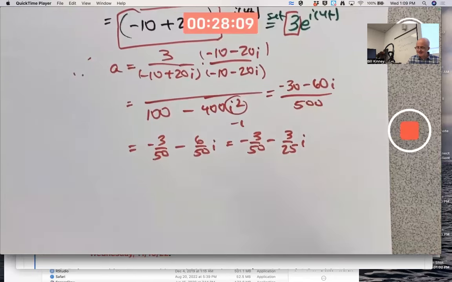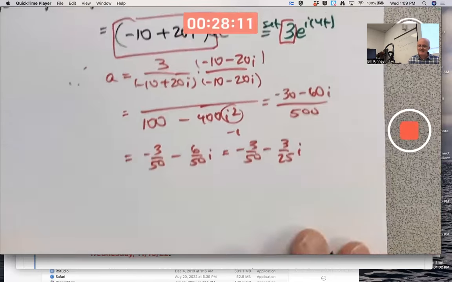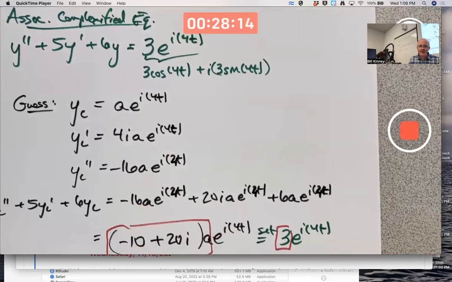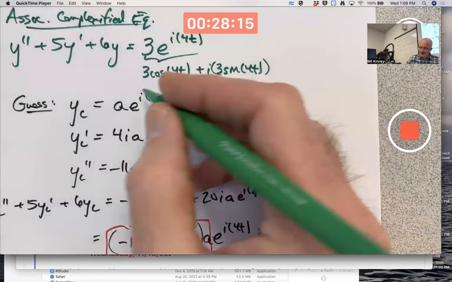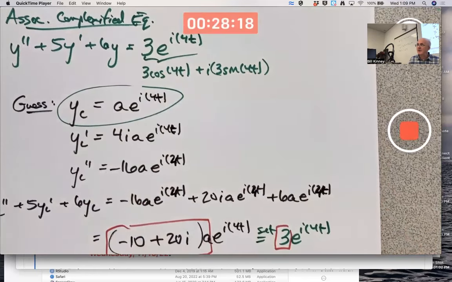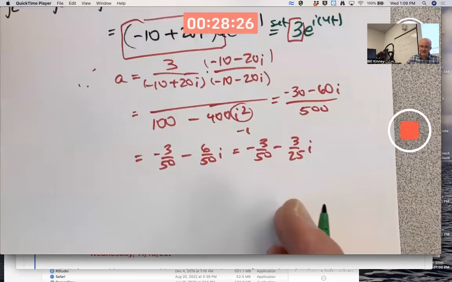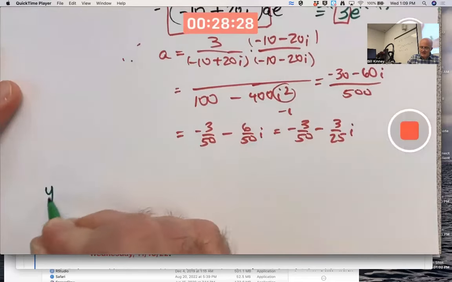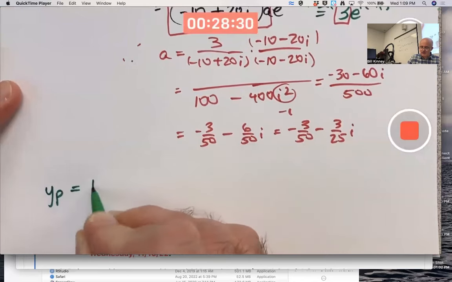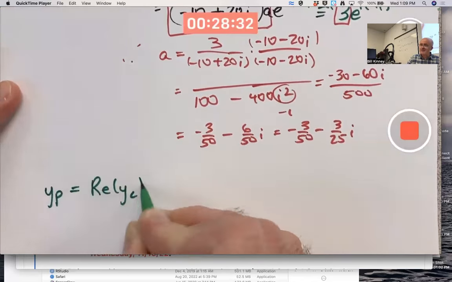What do we do with this? Plug it in back here and expand it with Euler's formula, and then take the real part. That's what we do with it. YP is going to be the real part of YC.